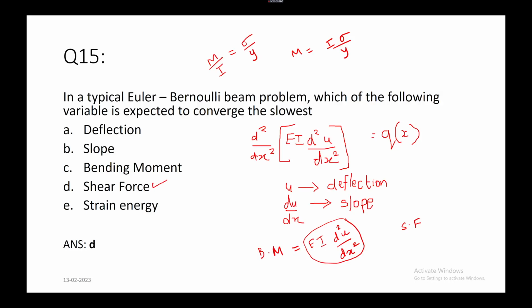The sigma is nothing but your E times strain, Young's modulus. If you work it out, you will get something in the form of E I into d square u by dx square.